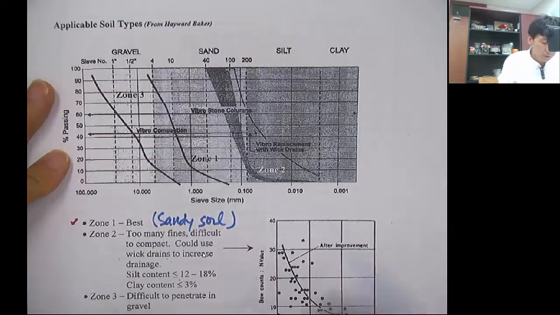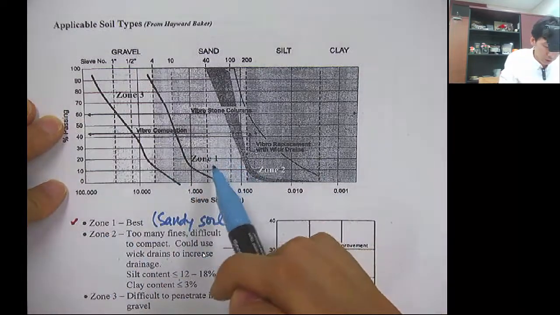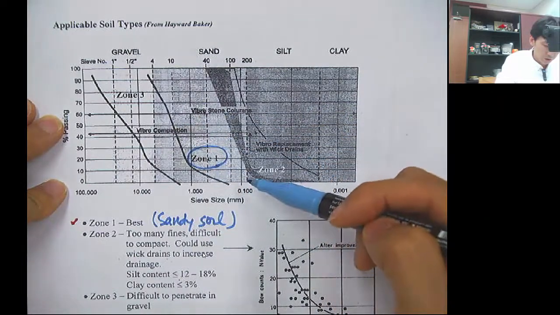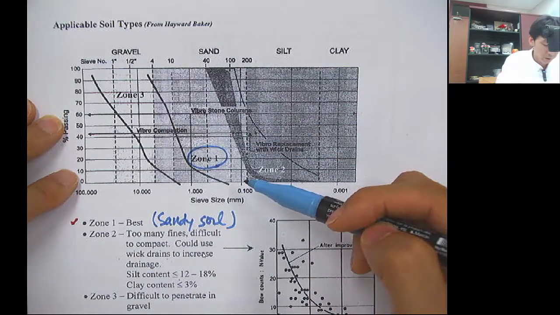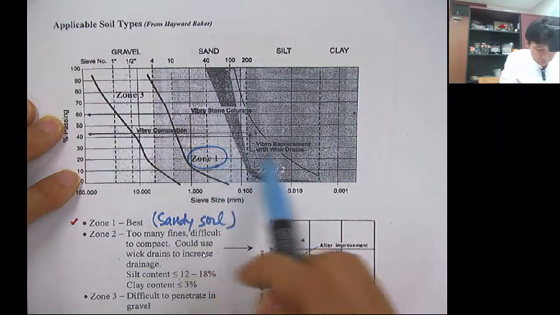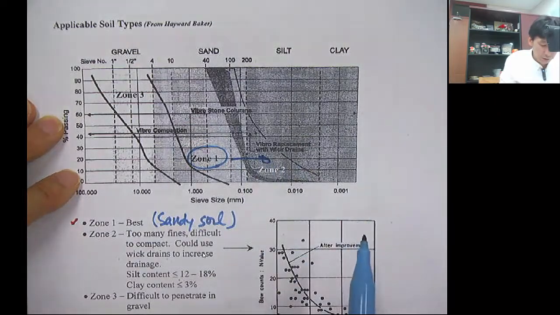And as the fine fraction becomes more significant, the effectiveness decreases. So you can see that zone 1 is here, so in the sandy soil, this vibral compaction is very effective. And as you go toward this side, zone 2, the effectiveness decreases.